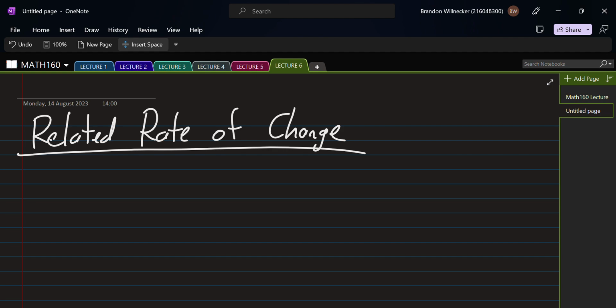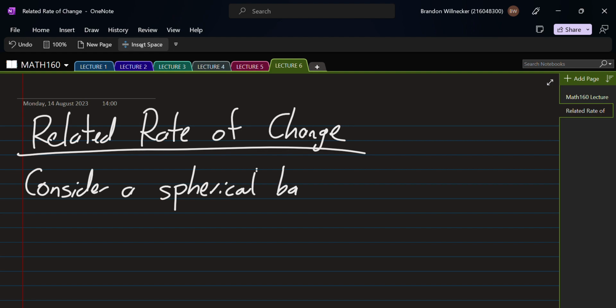So as a first example, let's consider a spherical balloon being inflated.